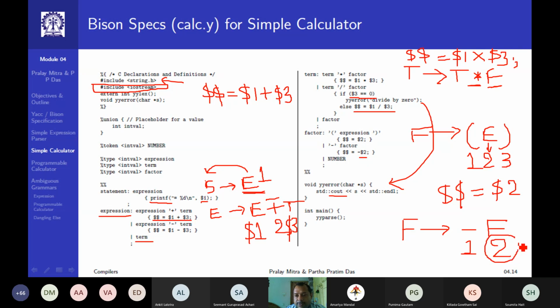So $2 will come here. Okay. Now it is more or less complete because I have the number, I have expression, term, factor, the production rules and the action corresponding to that production rule. Do you have any question up to this?